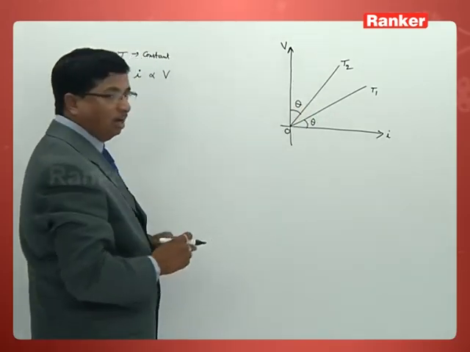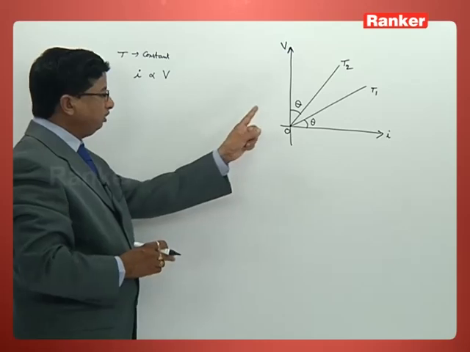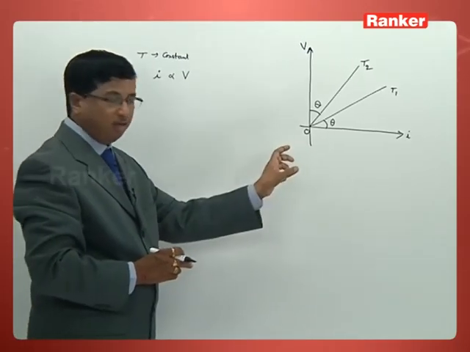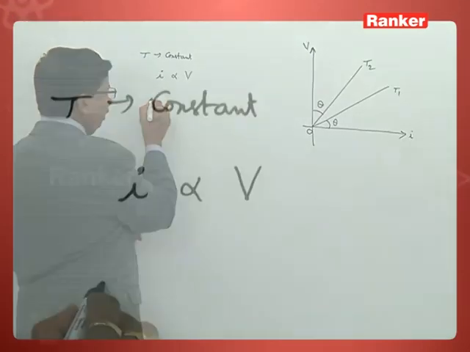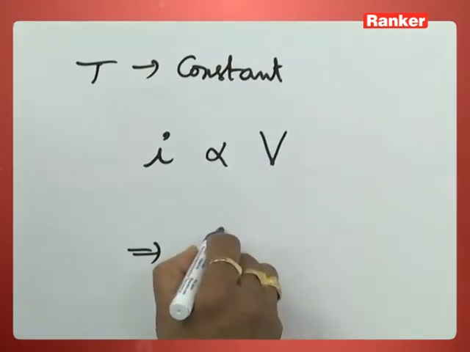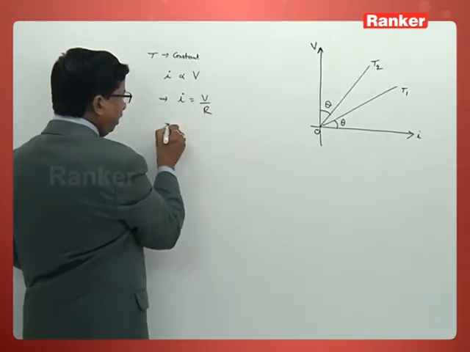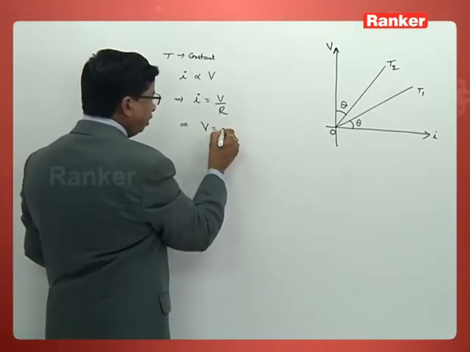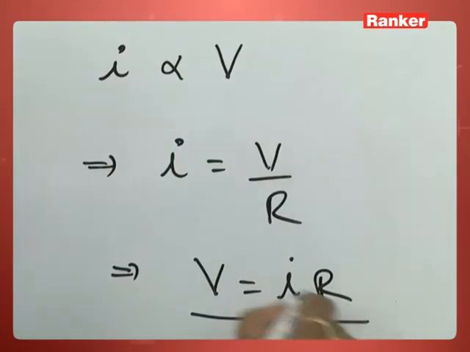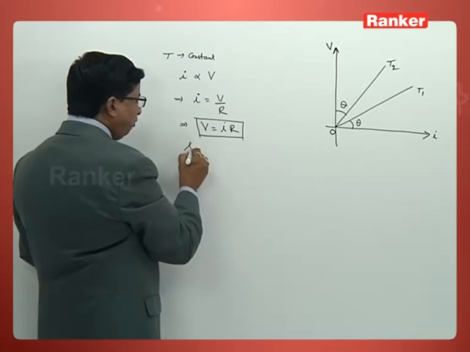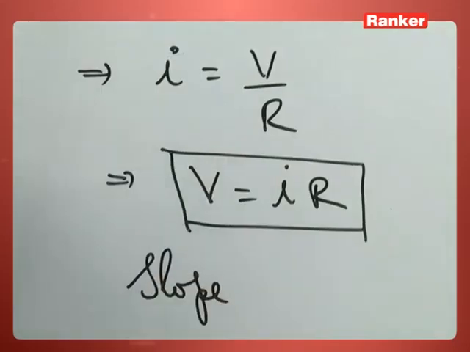And this is the law by means of which this equation or this particular graph can be understood. If you take it this way, you can understand that I is equal to V by R. In other words, V is equal to IR. From this, you can understand the slope of this particular graph.